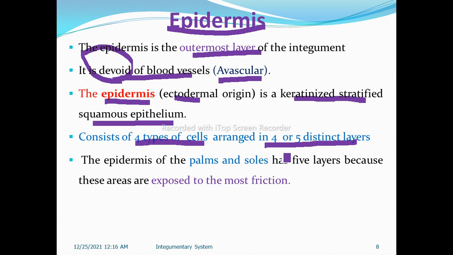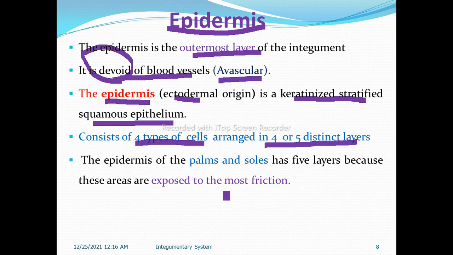So palms and soles have 5 distinct layers due to stratum lucidum. But everywhere else, they contain 4 distinct layers because they lack the stratum lucidum layer. So this is a difference.